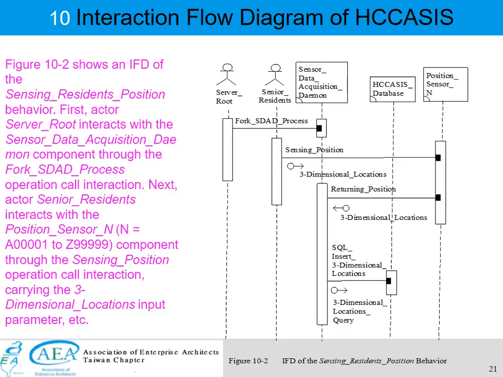The second interaction is between the senior residence actor and the position sensor end component. The third interaction is between the sensor data acquisition daemon component and the position sensor end component. The fourth interaction is between the sensor data acquisition daemon component and the HCC A6 database component.